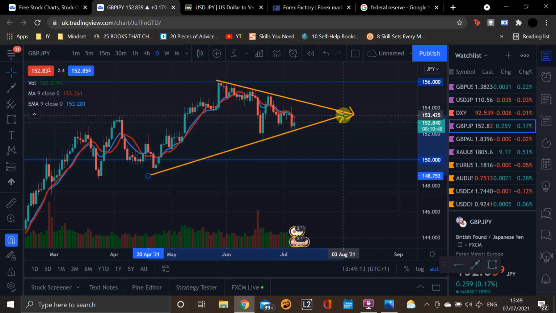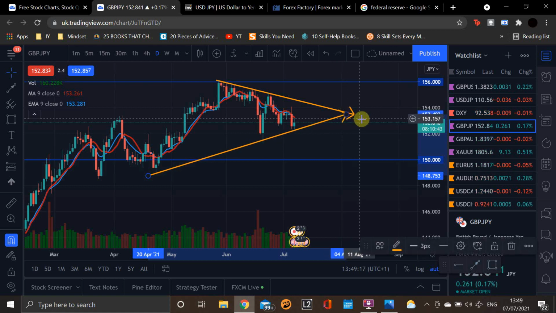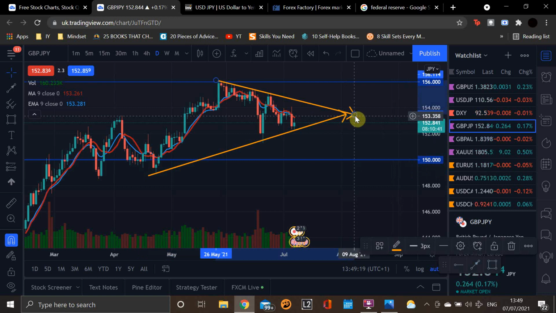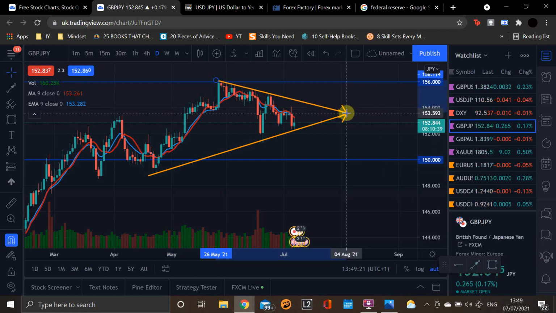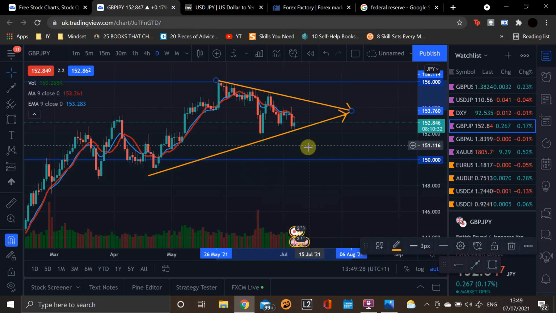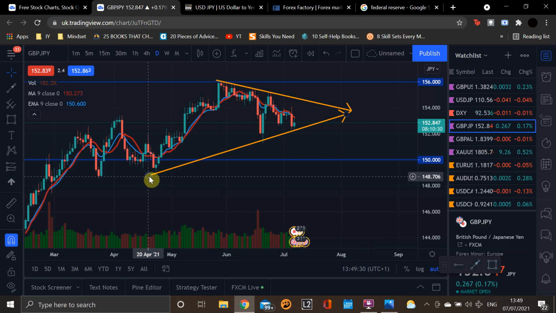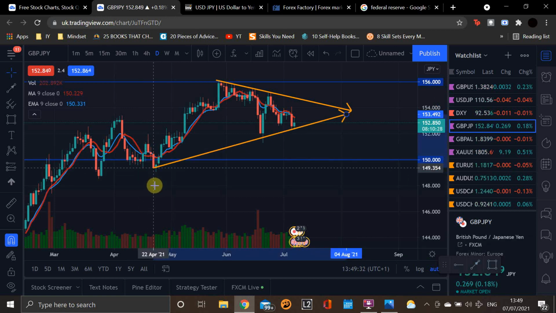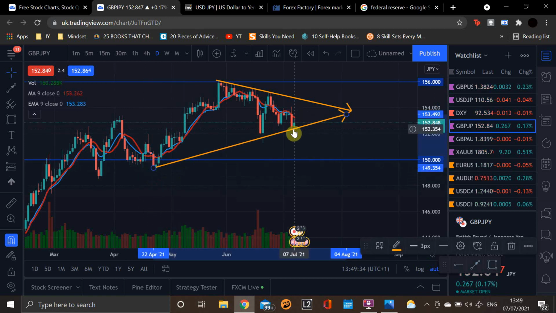Okay, we'll do it just on the wicks. Same thing with this, we'll do it straight on the wicks. The wicks are important. You can't not get the wicks. So let me do this again.